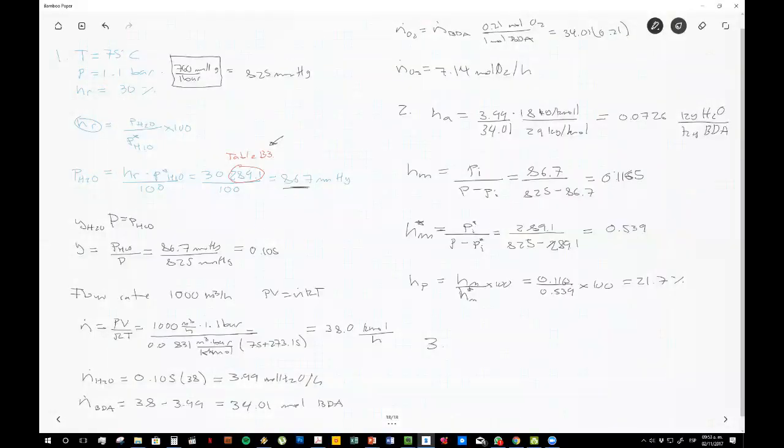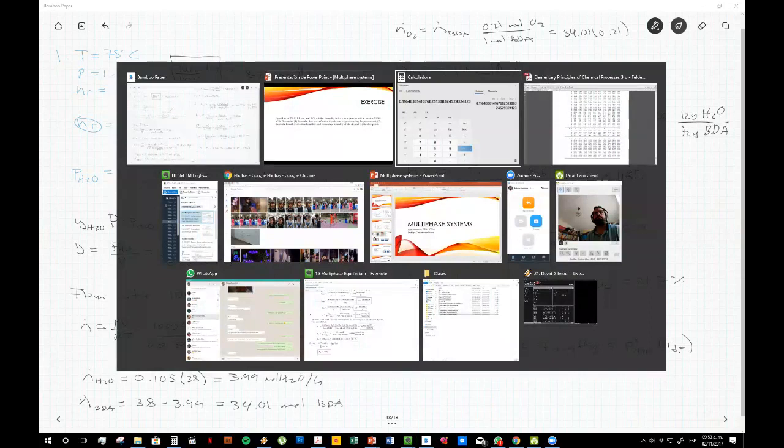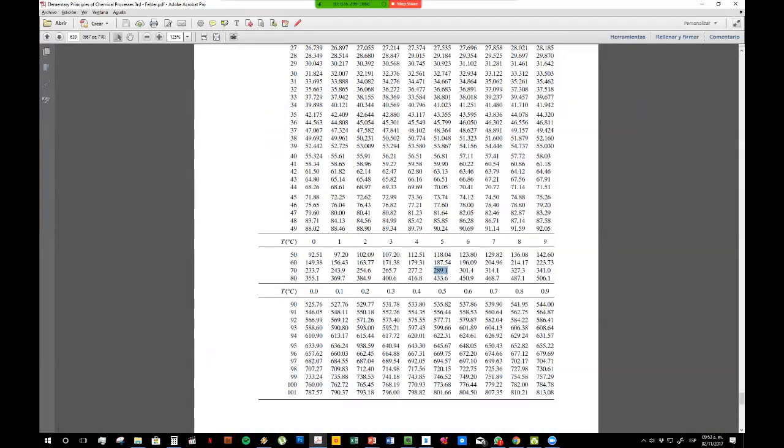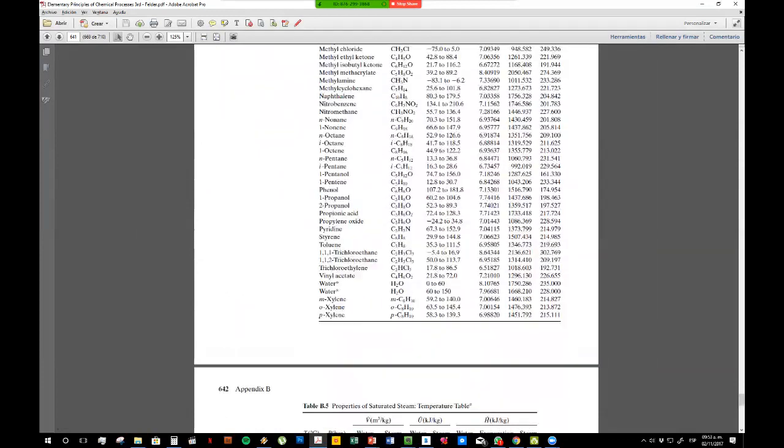Okay? So to calculate the dew point, we need the partial pressure of water, that we have already, right? Partial pressure of water was 86.7 millimeters of mercury. And to obtain the temperature, we have to equal it to the vapor pressure of water at the temperature of the dew point. Okay, so we go to table B3 and we look for that value, 87.